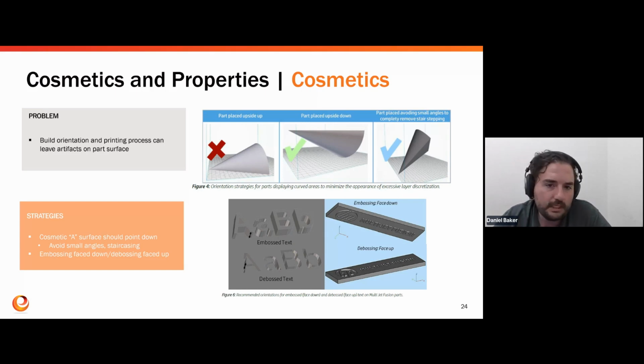And so complex surfaces, you want to orient in such a way that you're limiting the cross section of that part being printed. And then same on the bottom, looking at text, there are just some small considerations where embossed text is face down in our build box, and debossed text is faced upwards.